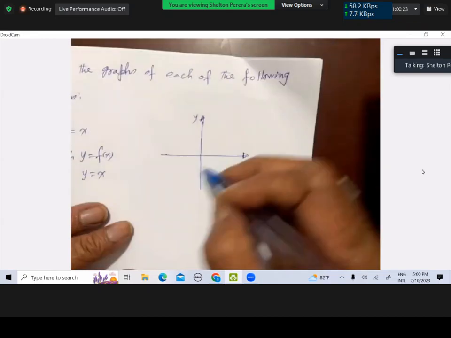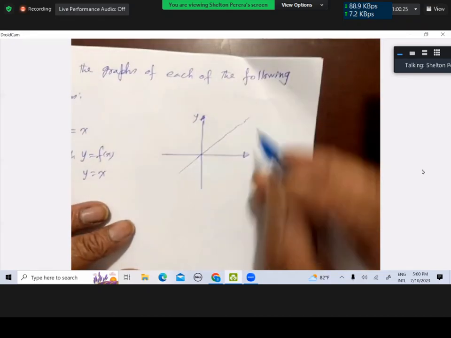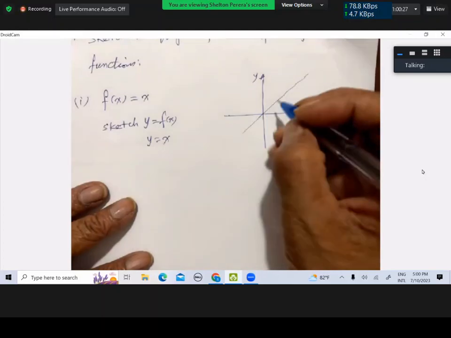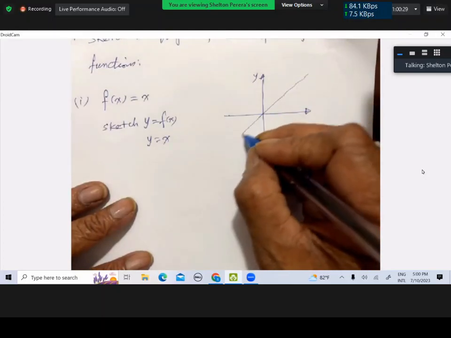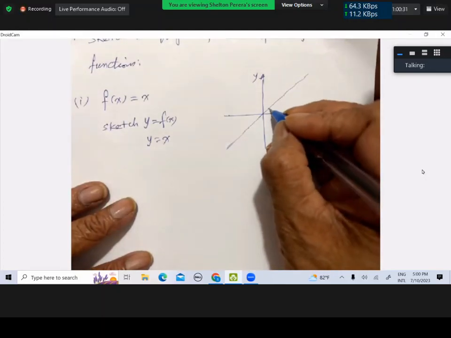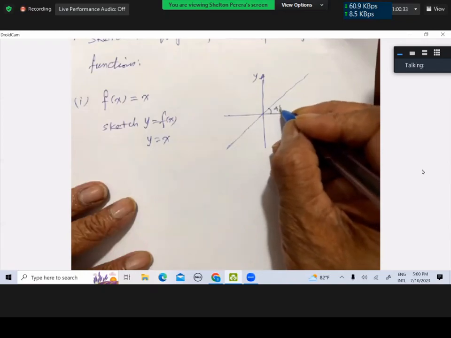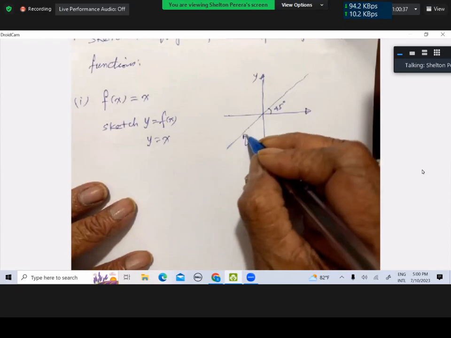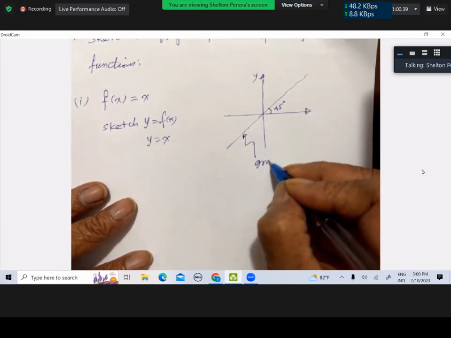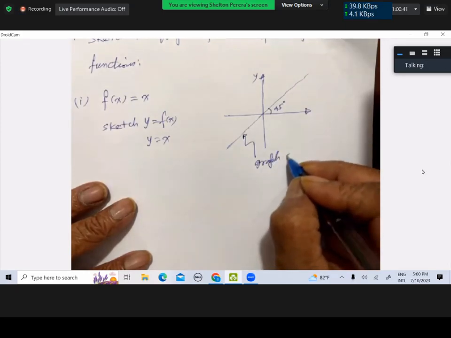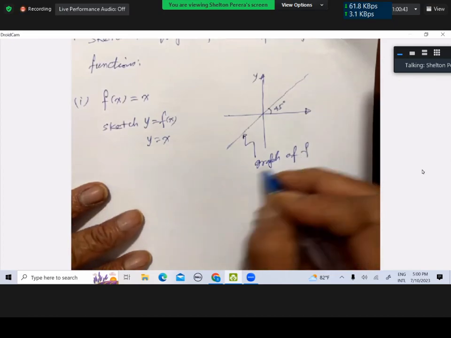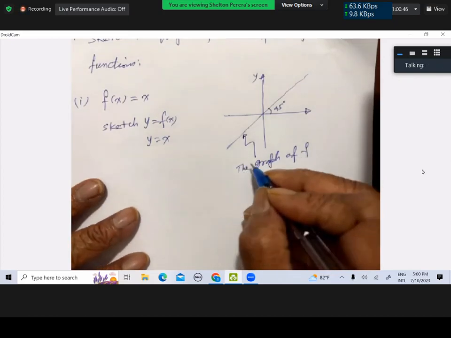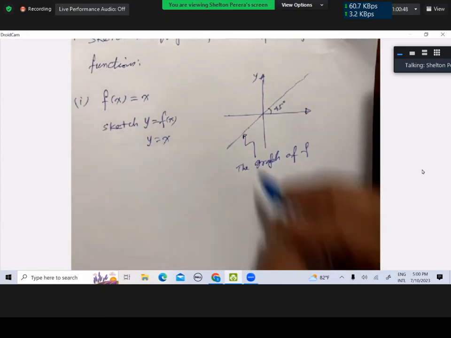It is a line at 45 degrees. This line is the graph of f, the graph of f of x. The straight line.